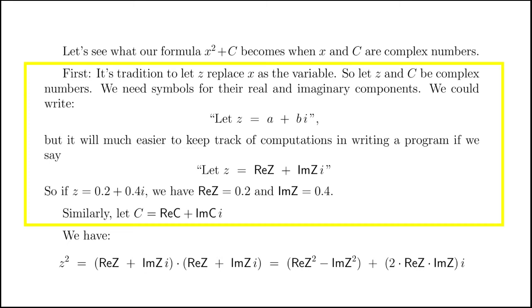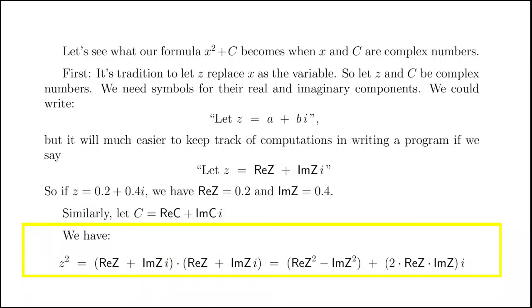We could write let z equal a plus bi, but it will be much easier to keep track of computations in writing a program if we say let z equal re-z plus im-z i, where these two symbols stand for the real part of z and the imaginary part of z respectively. So if z is the complex number 0.2 plus 0.4i, we have re-z equals 0.2 and im-z equals 0.4. Similarly, we let the complex number c be represented by re-c plus im-c i.